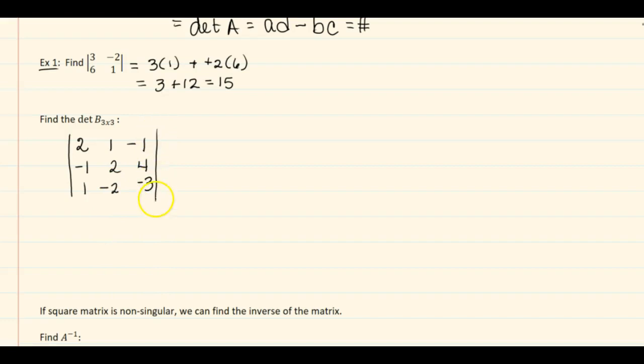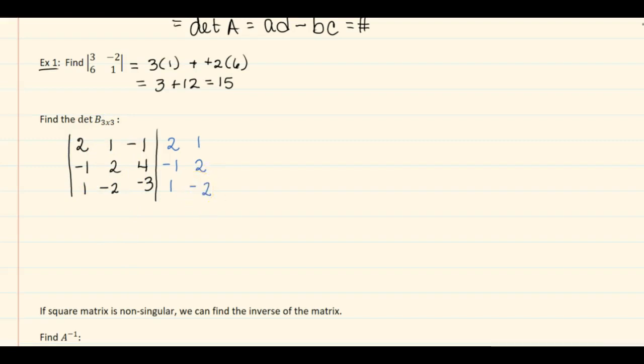We want to find the determinant of this 3 by 3 matrix. The first thing we're going to do is rewrite the first two columns. I'm writing these in blue so that you can see that these are the same as this column here and as this column here. So the first two columns were rewritten right here.